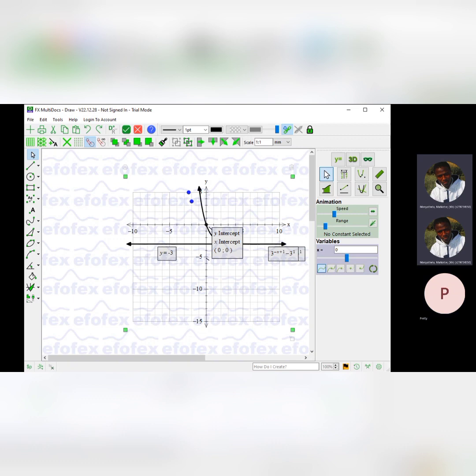So okay, let's proceed to the next question. The next question says, calculate the x value when y equal to 5. What we are going to do is take the equation that we are given and equate it to 5.